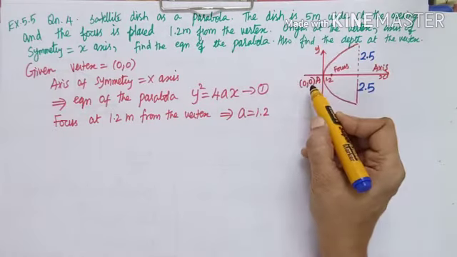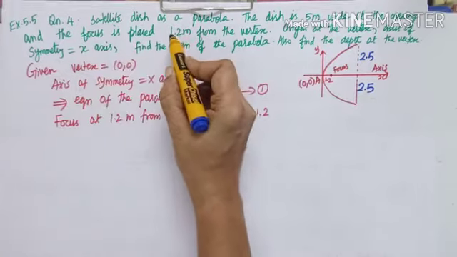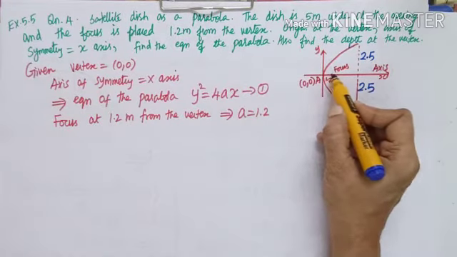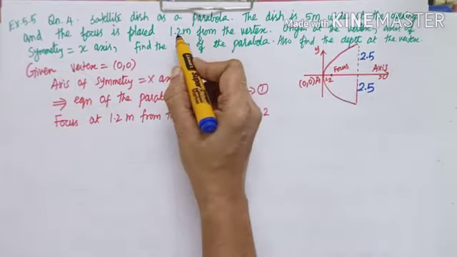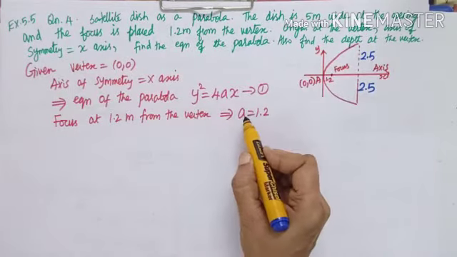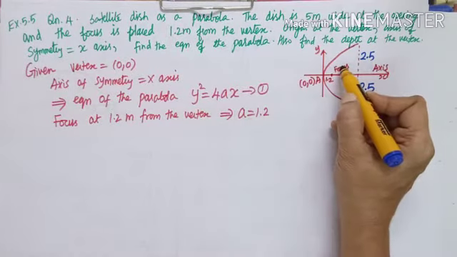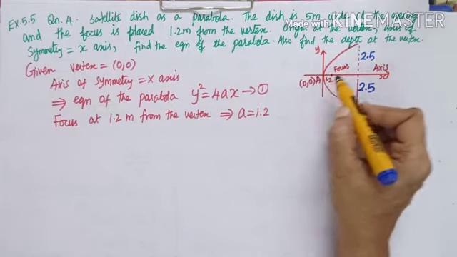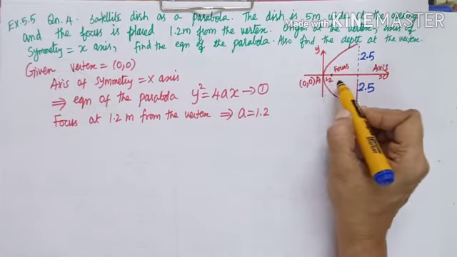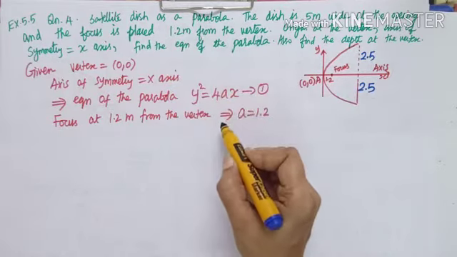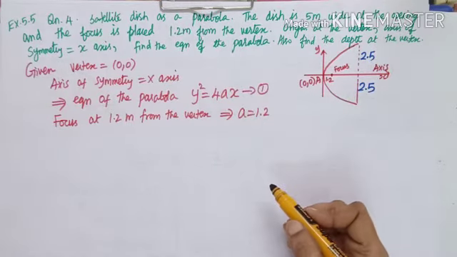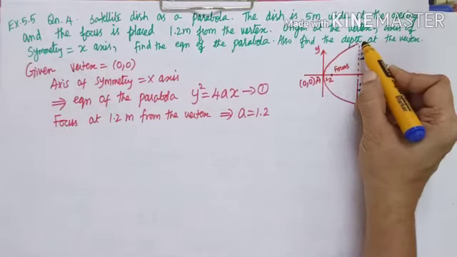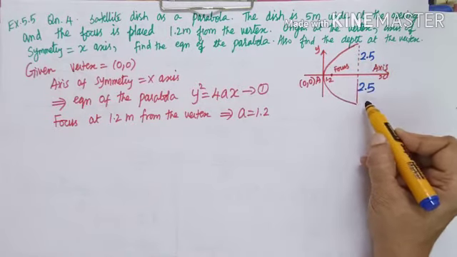Origin is at the vertex. The focus is placed at 1.2 from the vertex. So 1.2 is nothing but a value. Remember, focus is at a distance a. So from the vertex, the focus is at 1.2 meters. Tells me a equals 1.2. The parabola is opening to the right.